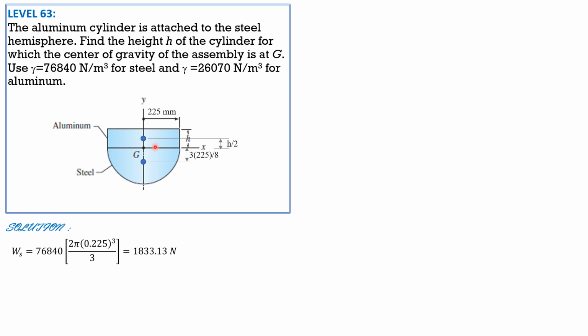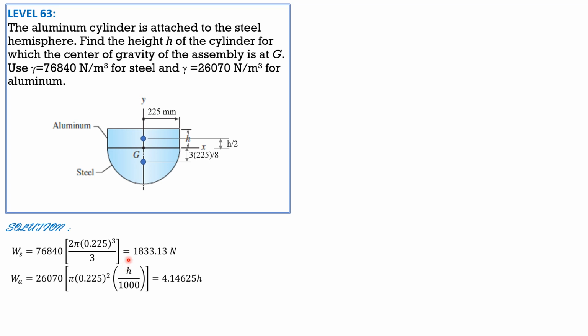For the weight of aluminum, it is 26,070 times pi times 0.225 squared times height, assuming height is in mm, so we divide by 1,000 to convert it to meters. So 4.14625 h. Remember, h is in mm to be consistent.